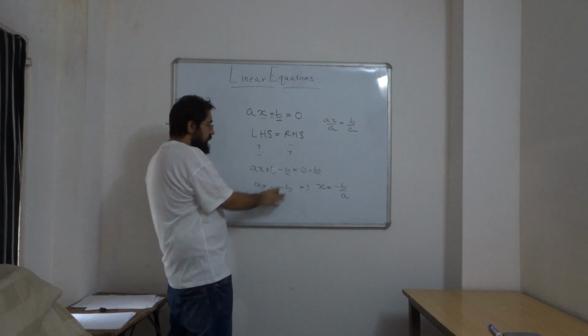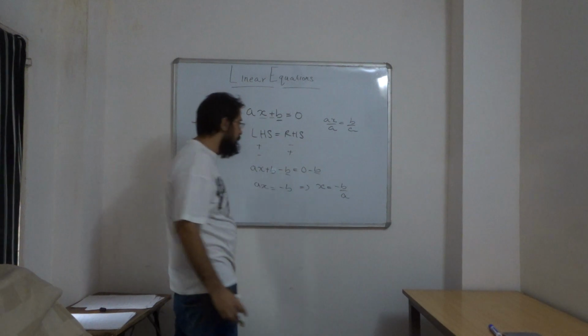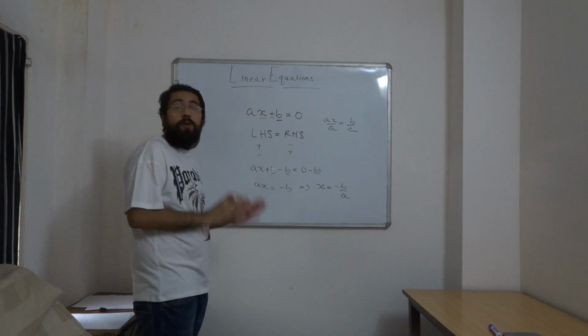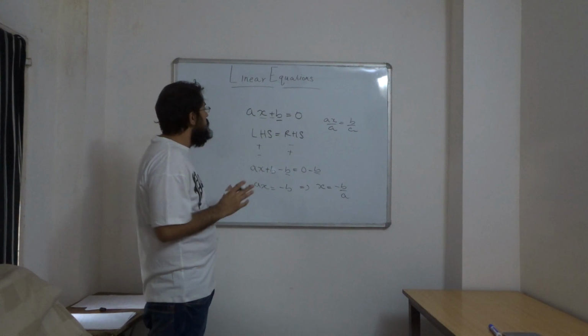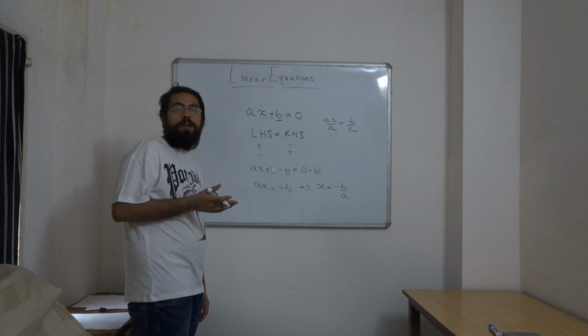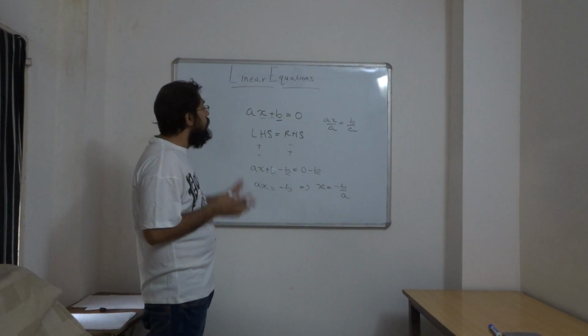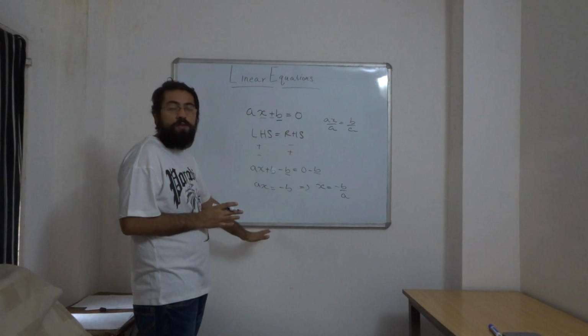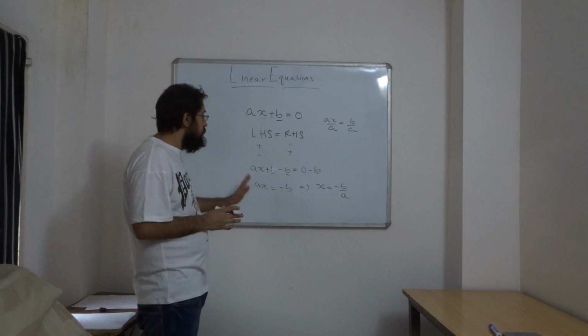And because this is a negative here, we take a negative. Okay? So this is basically what the rule of linear equations are. This is the basic rule. Now obviously there are harder equations, but all linear equations follow this rule. So this is the rule that you will have to follow.